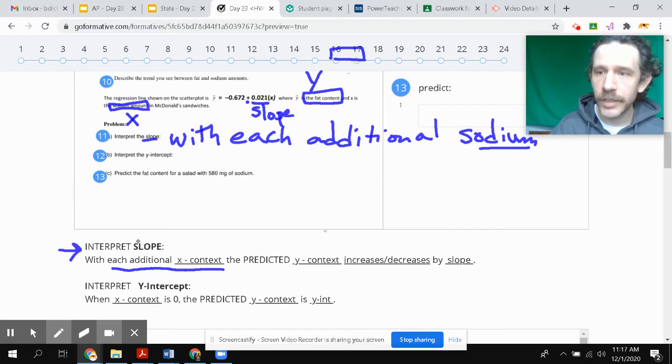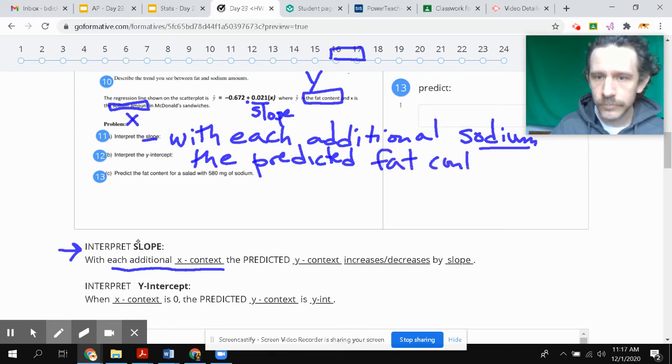Now we talk about it as a predicted increase, so we have to use that word predicted. We say the predicted y. Our y context is fat, the predicted fat content. This being positive means that we are increasing each time.